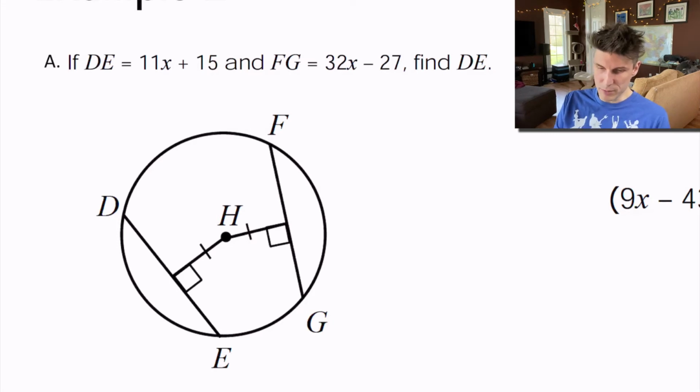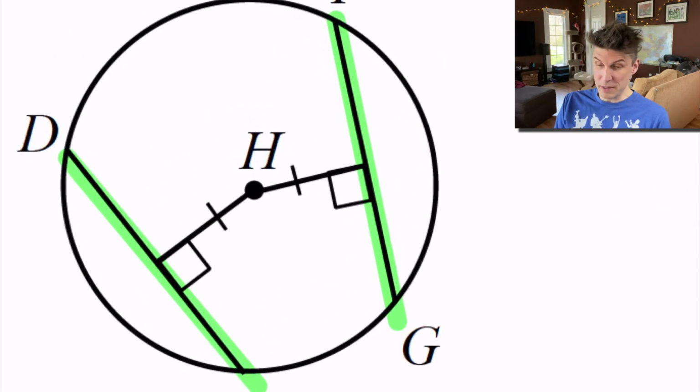What other relationships? We do know that chord DE and chord FG are both equidistant to the center. And the big giveaway here, and it's super important that you note this, is that not only are the distances, like these red lines I'm drawing, congruent segments, but you need those right angles, right?